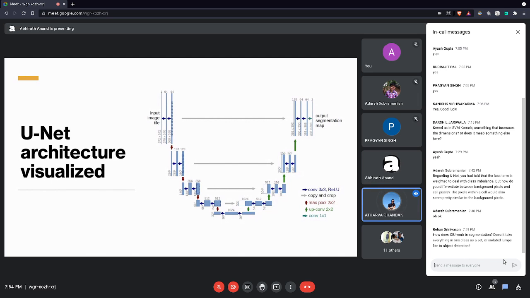Did it take the center crop of that size, or how? Wherever pixels are missing, they just took whatever pixel values were there in the original image and put them on. I'll check the exact implementation once and let you know. Sure.